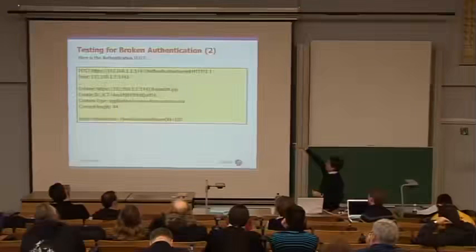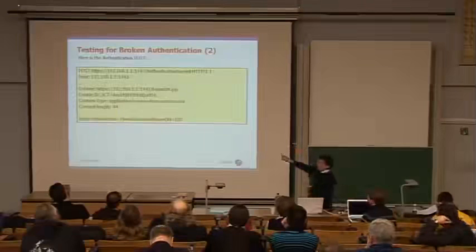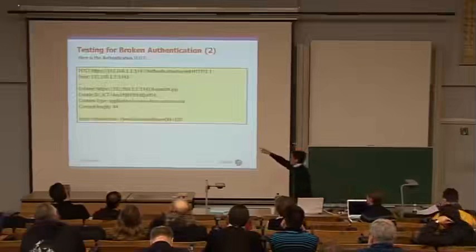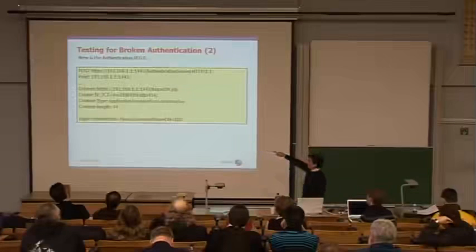Here is the authentication post. When I send from my browser to the server my user distinguished name, you can see in the last row, user distinguished name equals 100.